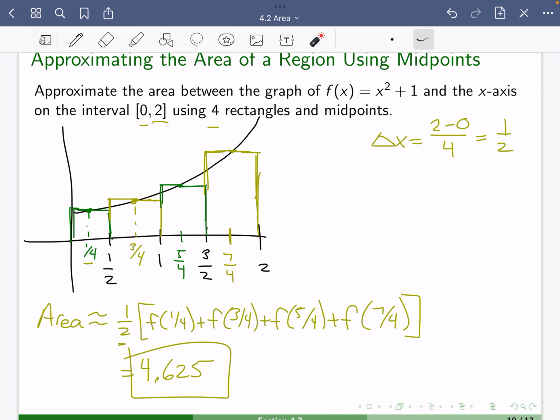So left-hand endpoints could be an overestimate or an underestimate, or maybe we don't know. Because if you have a curve, sometimes we could go above, sometimes we could go below. If it's not monotone increasing or monotone decreasing, we just don't know. We have to do more analysis.